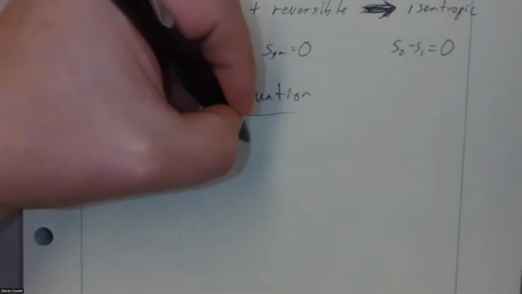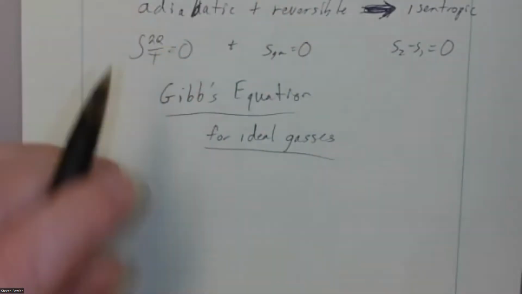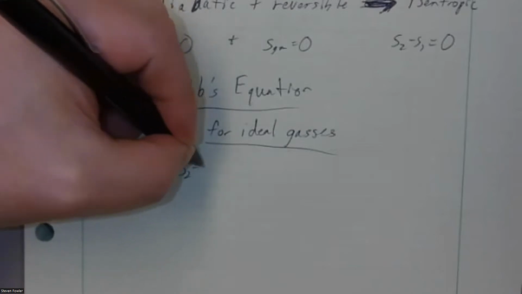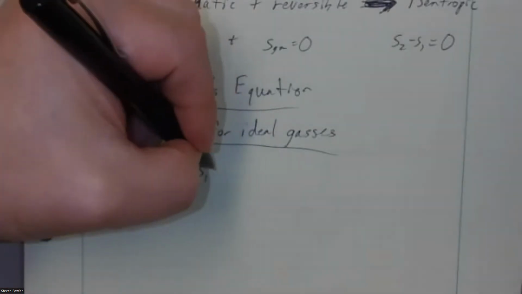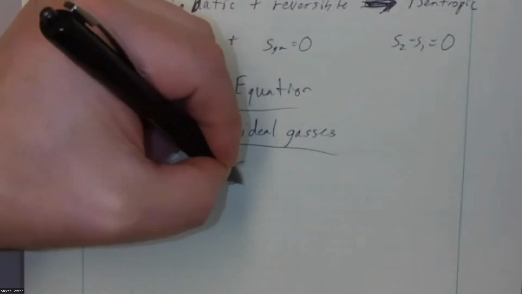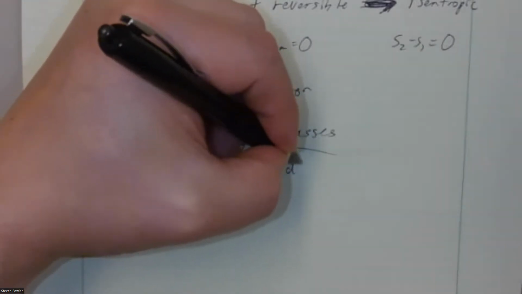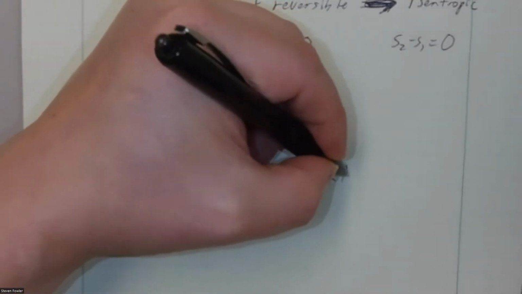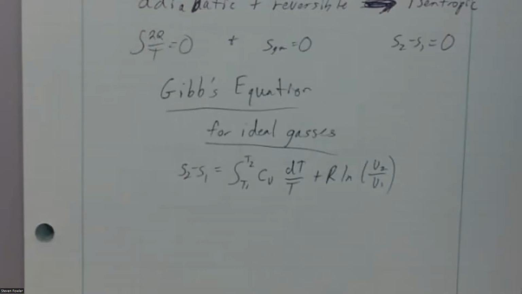The most common of those is for ideal gases. So for ideal gases, the entropy change, these are little s's, little s2 minus little s1, is equal to the integral from T1 to T2 of C sub V dT over T, plus R ln of the ratio of specific volumes, little v's.